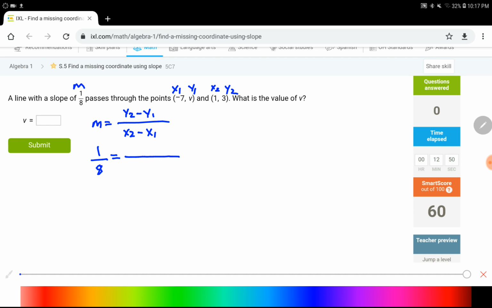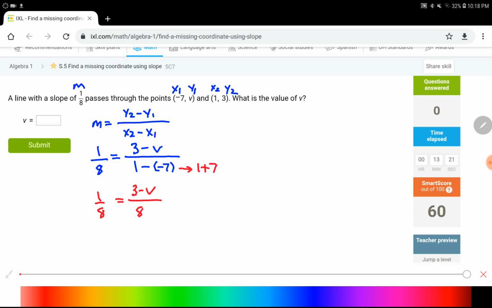I need the fraction line. y2 minus y1 over x2 minus x1. Let's organize this a little. On the left side, the fraction, 3 minus v stays the same. 1 minus negative 7 is 1 plus 7, which equals 8.